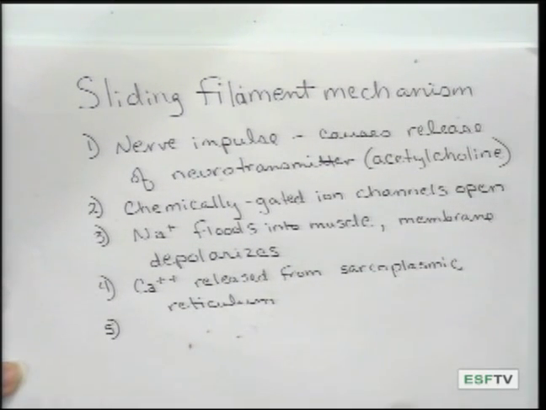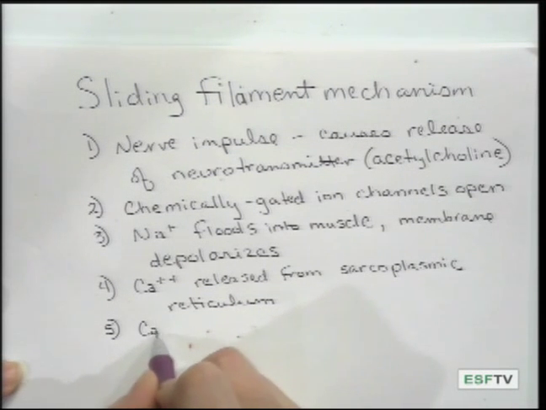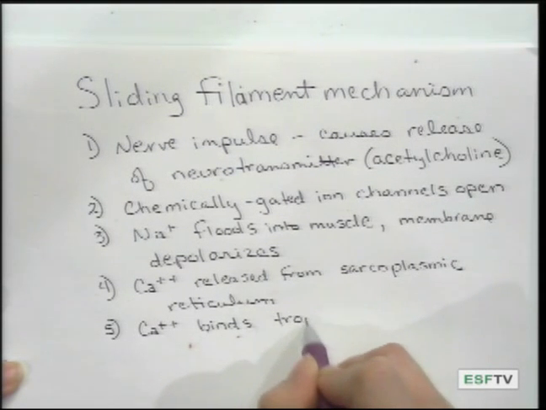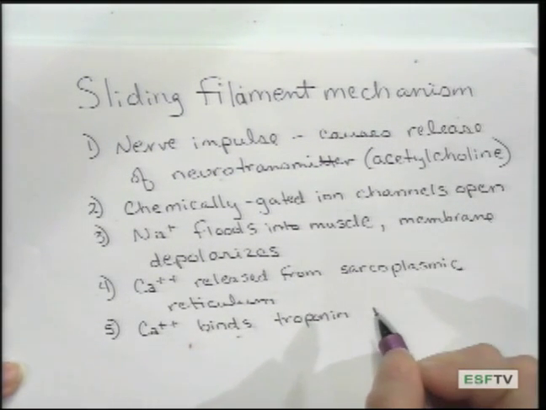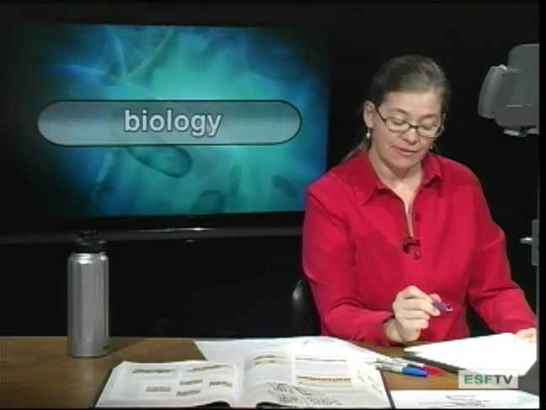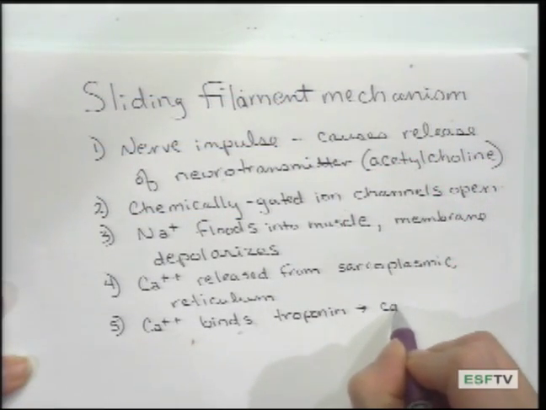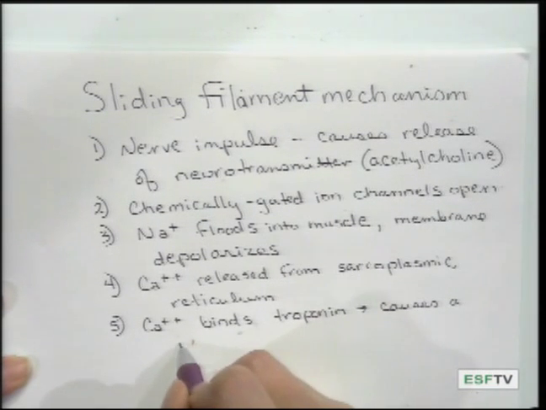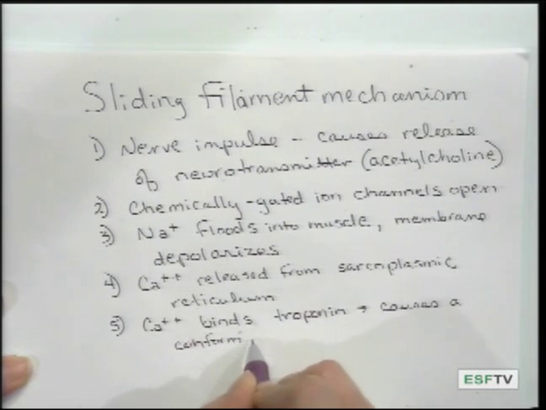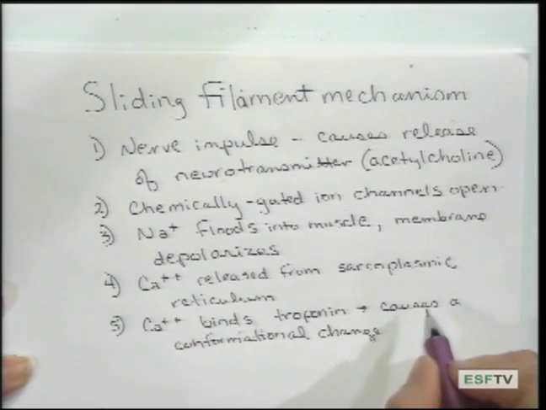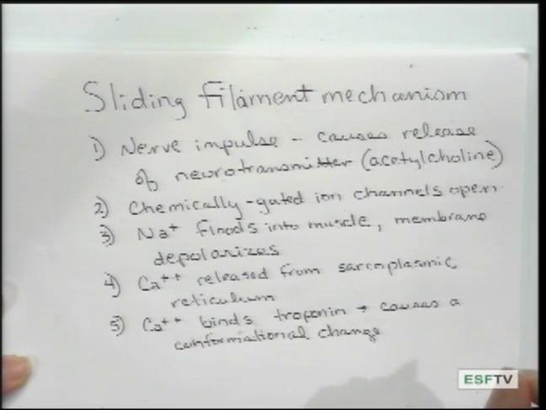When the calcium goes throughout the muscle, it binds to troponin, which is on the actin filament. When that occurs, it causes a conformational change that pulls the tropomyosin away from the binding sites on the actin.